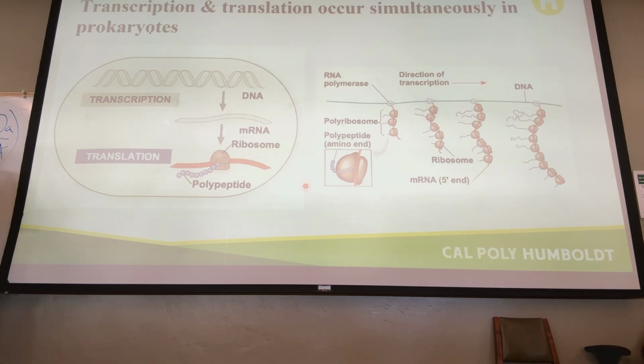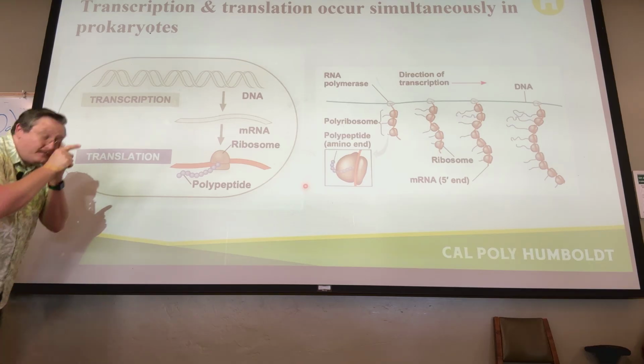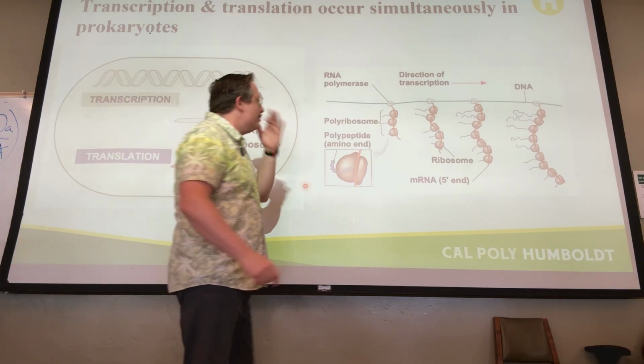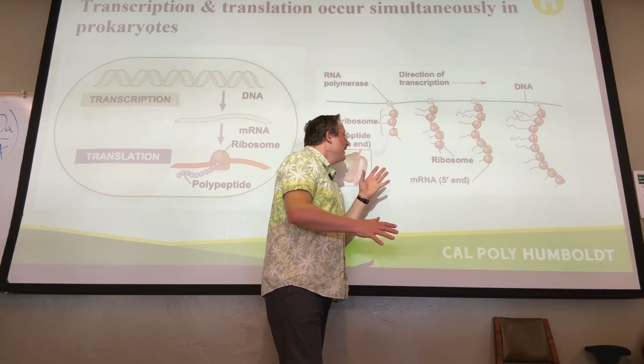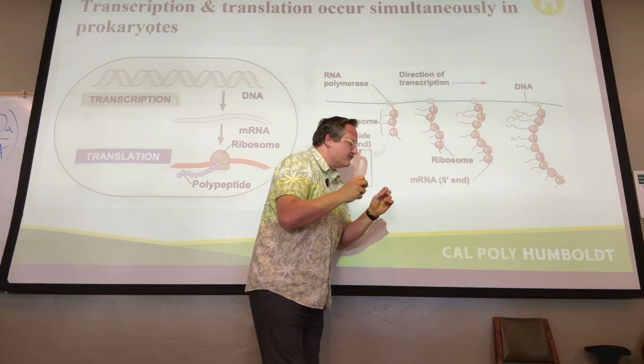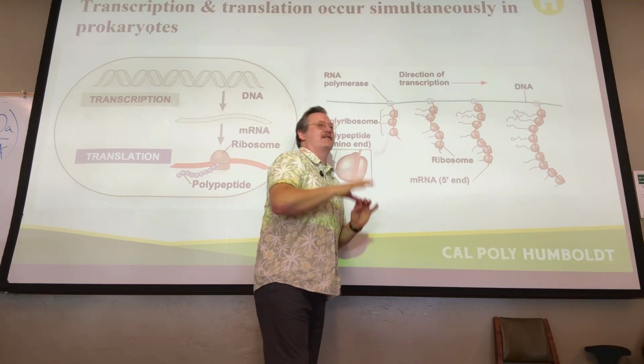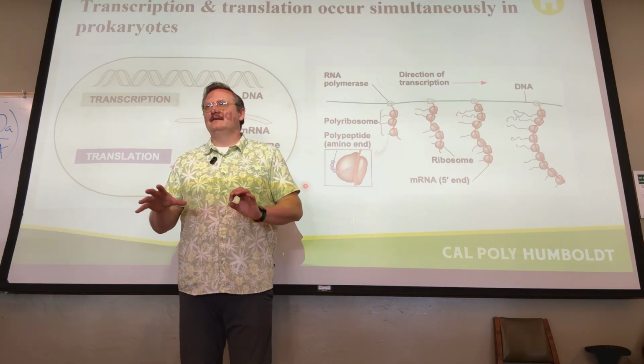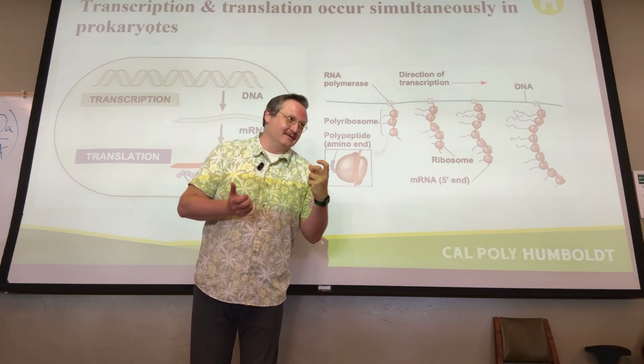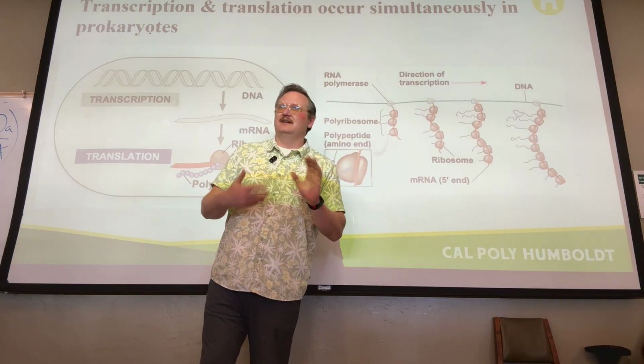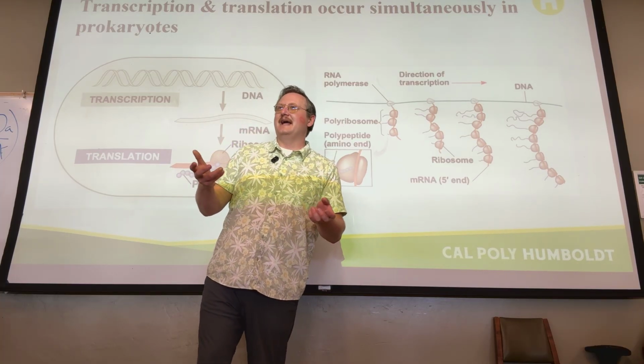Now, this right here, this is the way to remember which direction ribosomes read mRNA in, all right? Because ribosomes are pretty similar between prokaryotes and eukaryotes. They're not identical, but they function in a similar way.